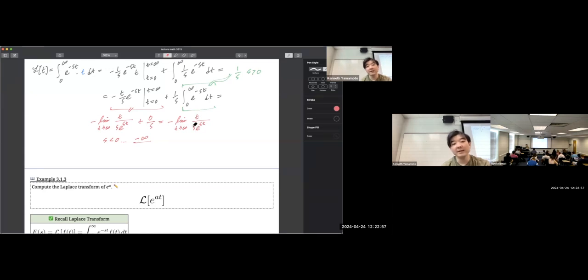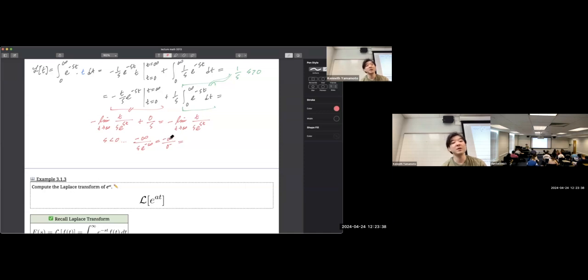Down here, s is negative, and e to the negative st, because your s is negative and t is going to infinity, is e raised to the positive infinity. So it's going to be negative infinity over s, some negative number, times e, some really, really huge number.